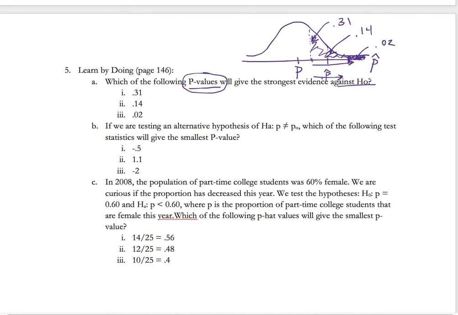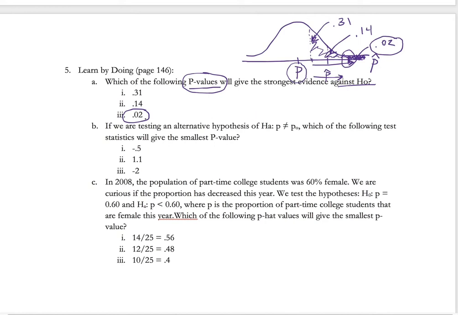So the biggest evidence we have that this is not the center, that H0 is not correct, is the p-value falling furthest away from center, which then has the smallest p-value. So 0.02 gives the strongest evidence against H0.